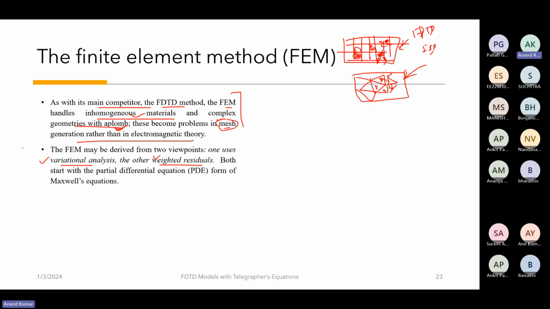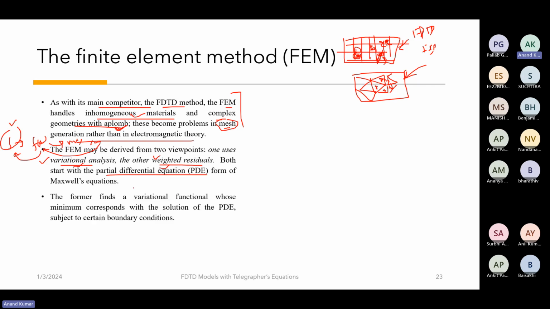As in the previous slides, I said in the FEM you have some unknowns. The unknowns will be written in some polynomials, and then the polynomials will have some maximum or minimum, and this maximum or minimum will give a solution to this polynomial, which will in turn give you the results for the unknowns. This is somewhat what I understood is the workflow in FEM, and for both of these cases you will start with the differential form of Maxwell's equations.